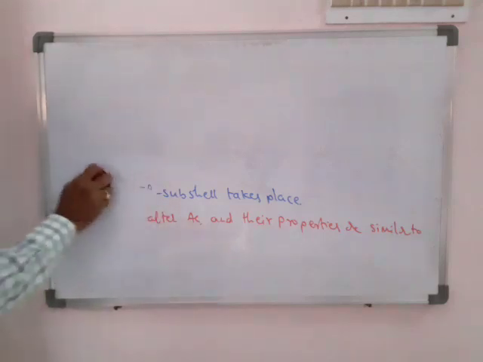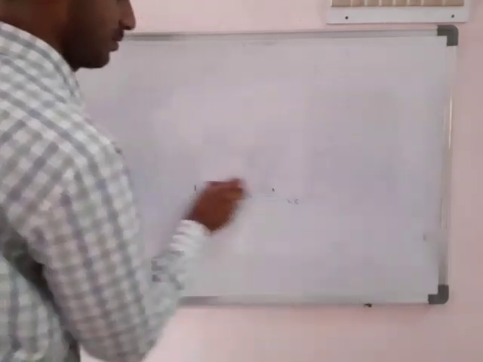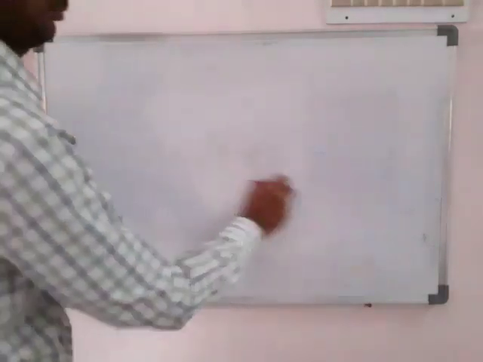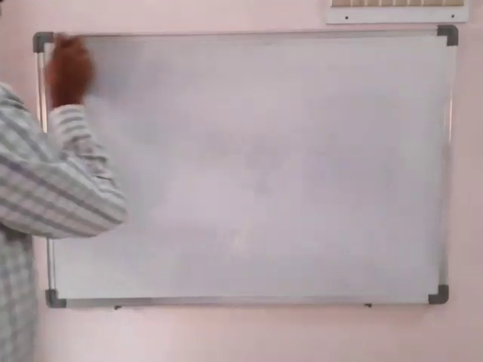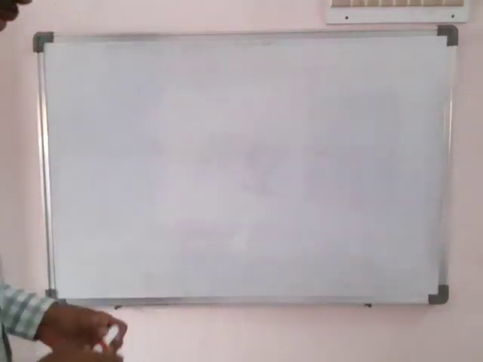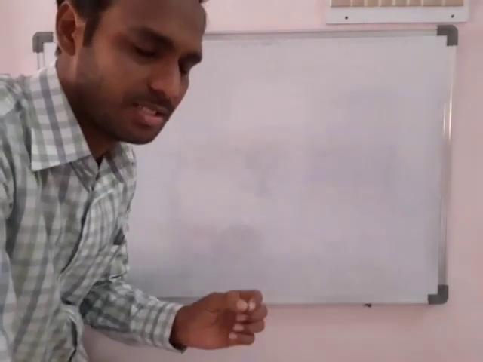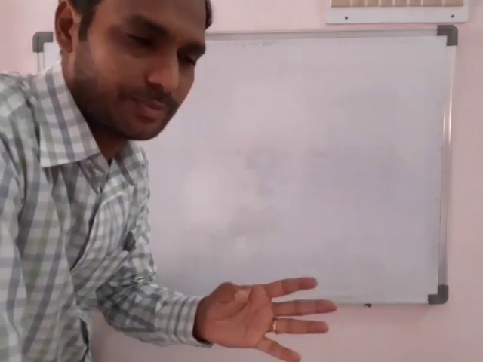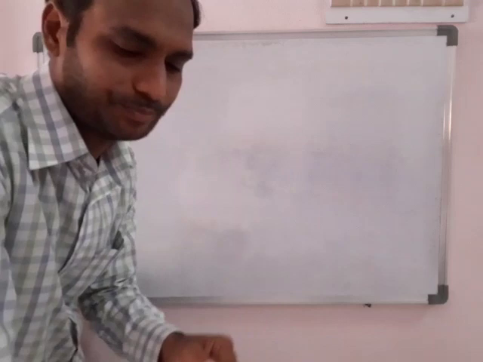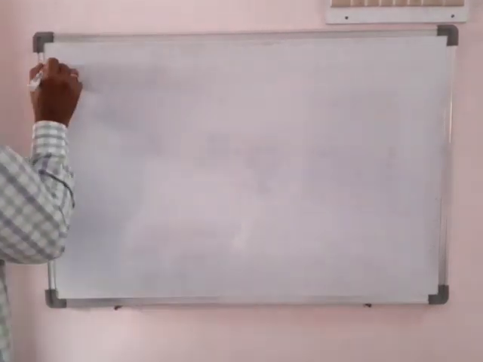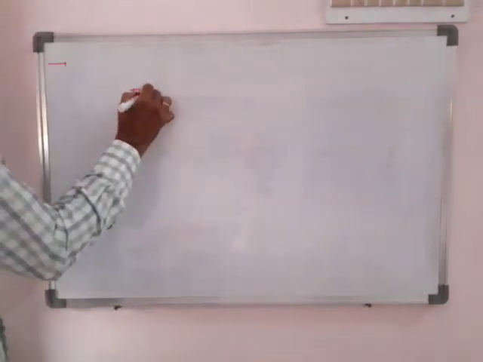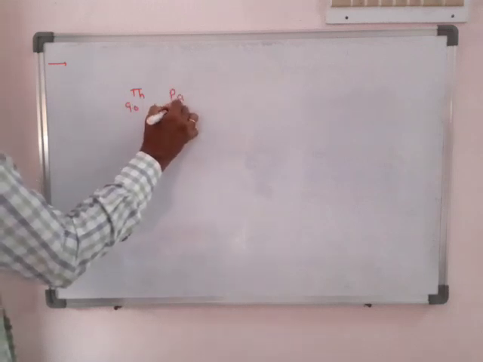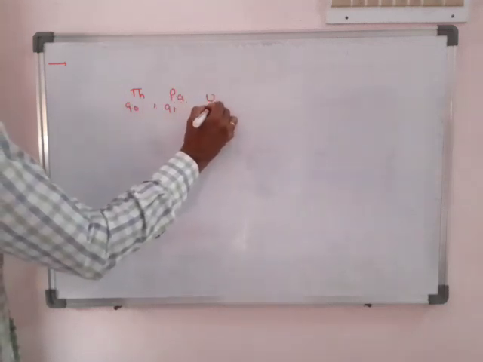So next, if you observe these elements, the starting three elements, what are they? Actually thorium. So we write one more point here. Thorium 90, protactinium 91, uranium 92.